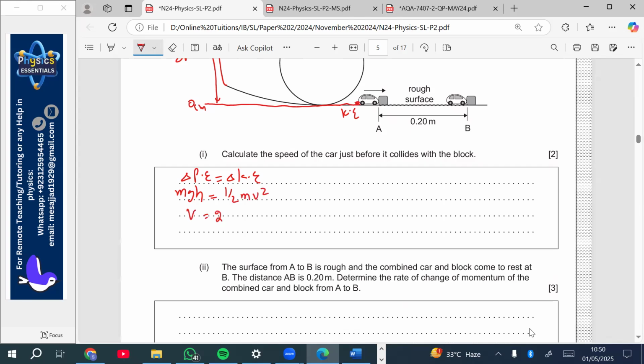From here you will have v equals root of 2gh, and since all of your height has been converted down to 0, you will just put in 2 into 9.8 into 0.45 minus 0. So from here, this is going to be equal to 3 meter per second.